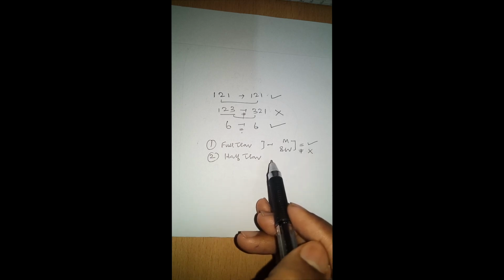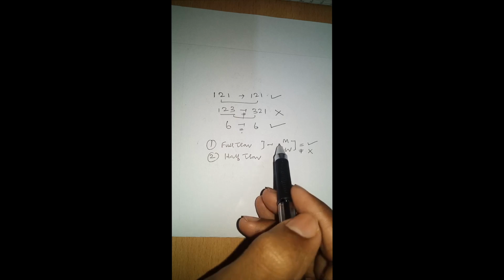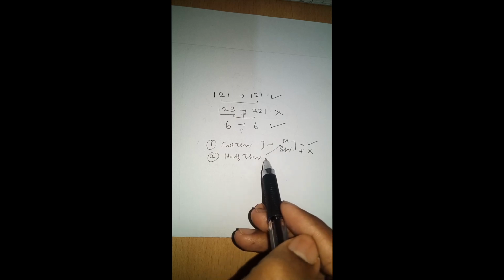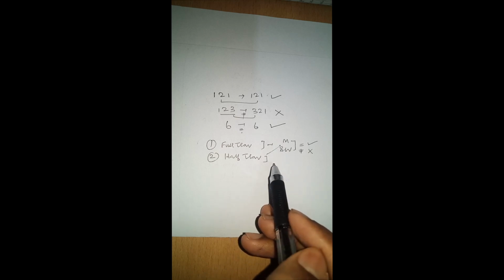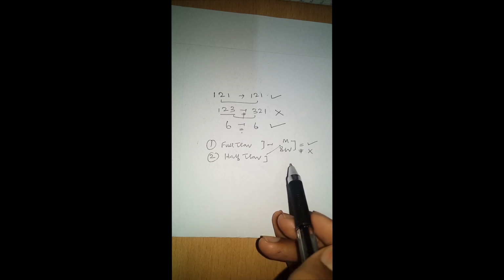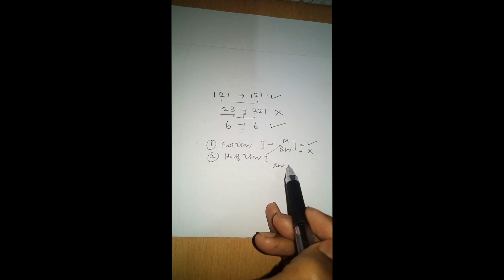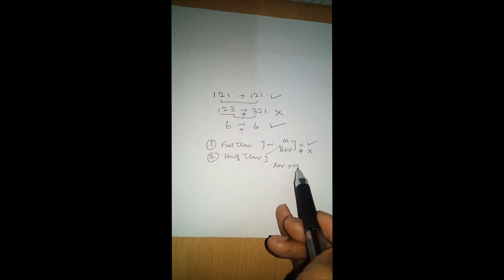But we can do the same thing by only a half traversal of the given number n. What we do in half traversal is use some observations. We find that while finding the reverse of any given number n, at a certain point in time the reverse will become greater than n.